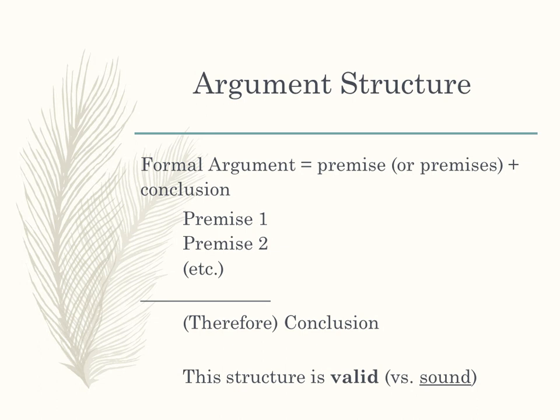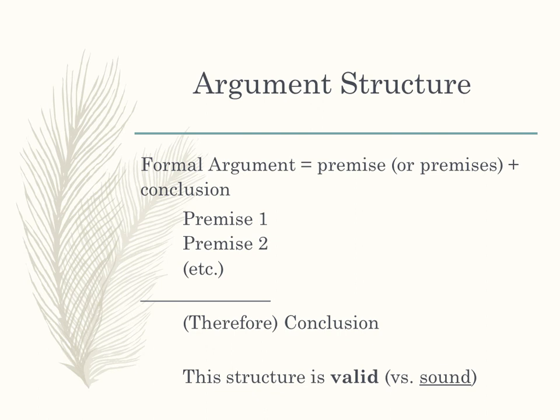When philosophers write, if you ever read any philosophy papers, you'll see this kind of stuff all throughout their paper. It's pretty interesting. But a formal argument is a premise or premises, the plural of premise is premises, and then a conclusion.